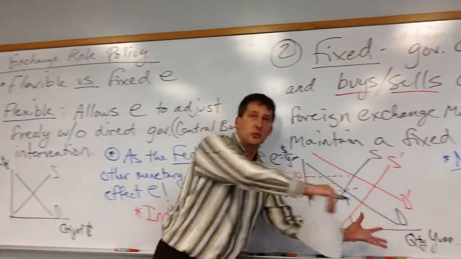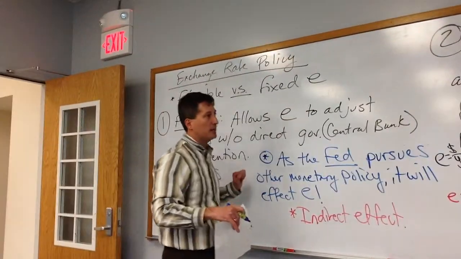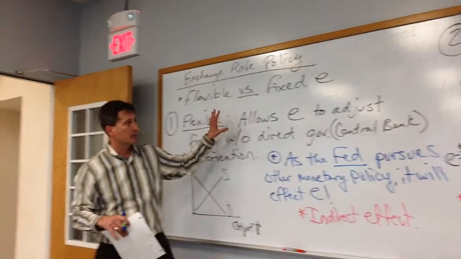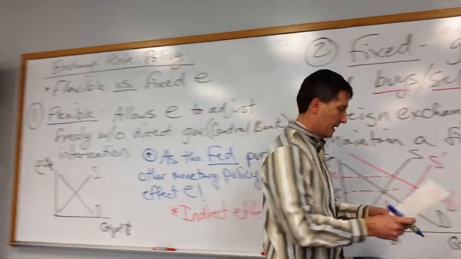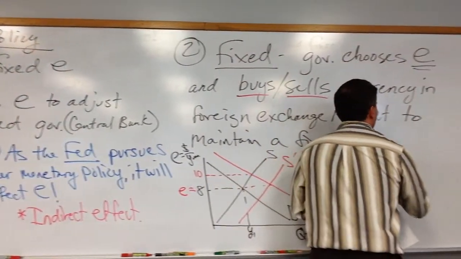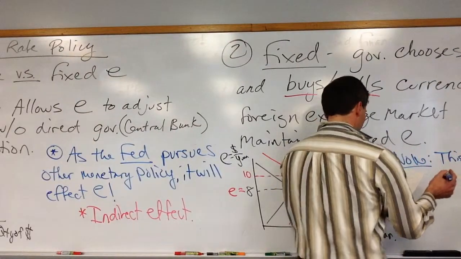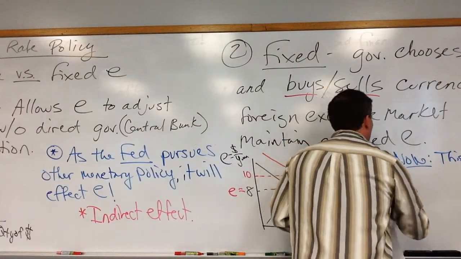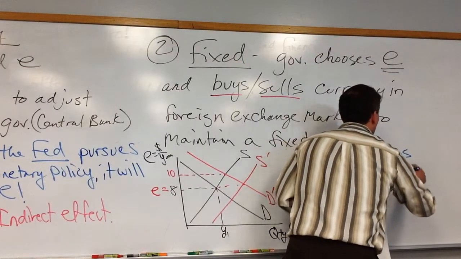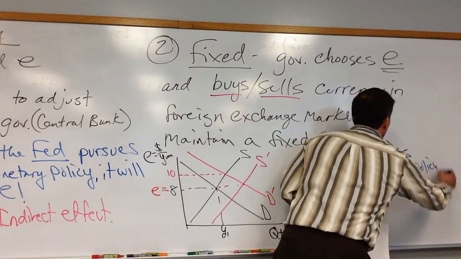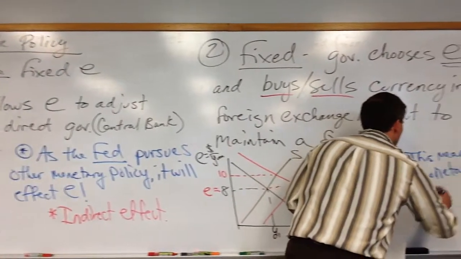Right? So you've got to choose one or the other, and that's part of the reason that the U.S. government pursues a flexible exchange rate here, so that they can use monetary policy to influence things domestically. So note, this means that other monetary policy tools cannot be used.